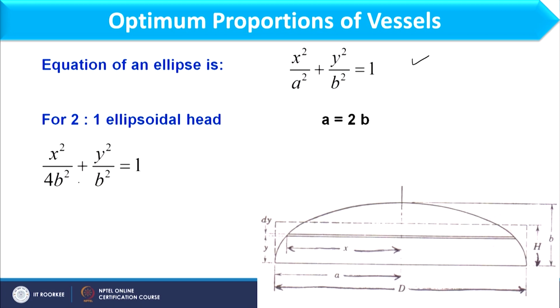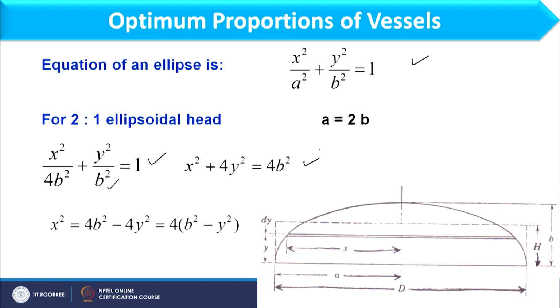So, x square by 4b square, here A we have replaced with 2b, plus y square by b square, and that is equal to 1. Further resolving this, we have x square plus 4y square equals 4b square. And then we can extract x square from this, that is 4b square minus 4y square.